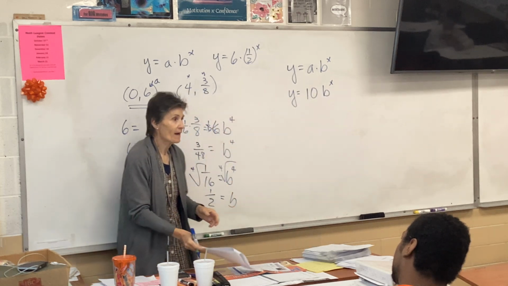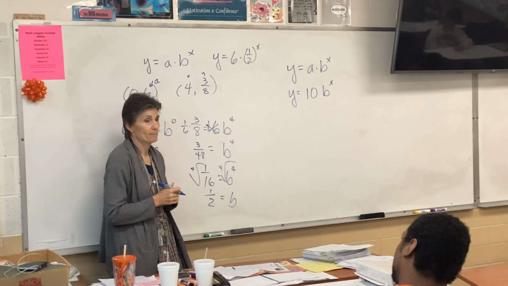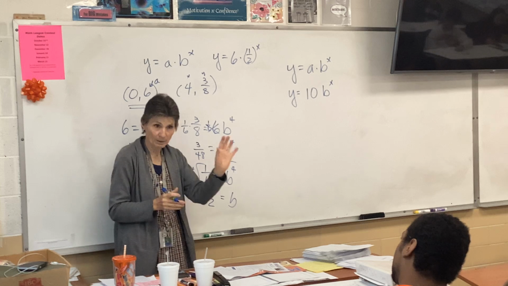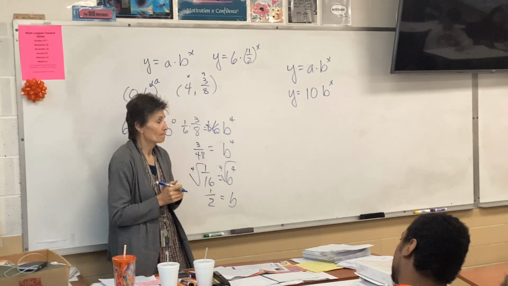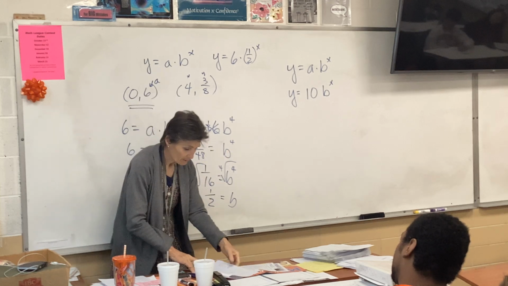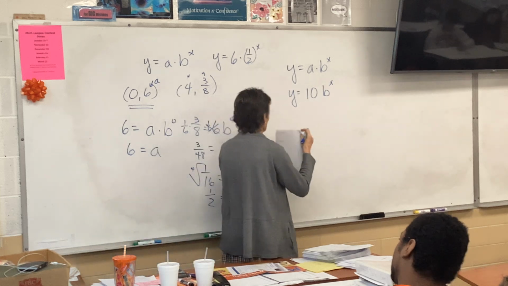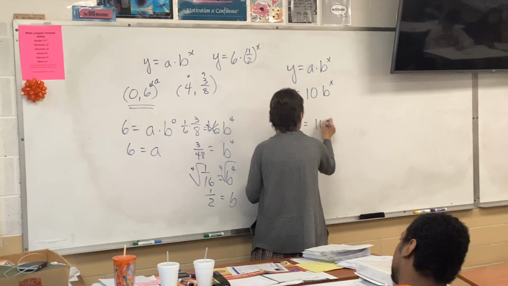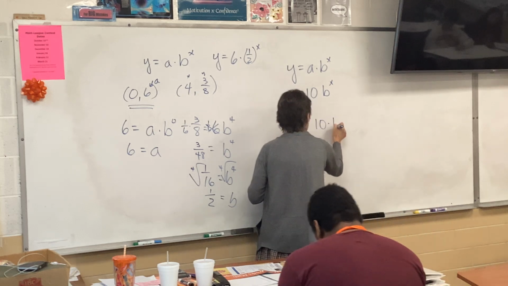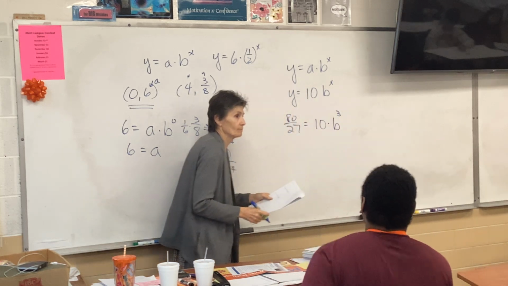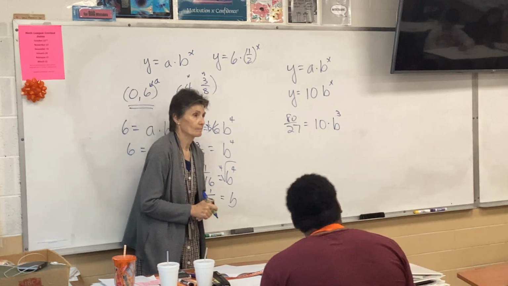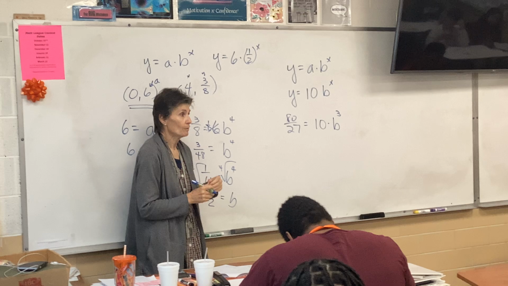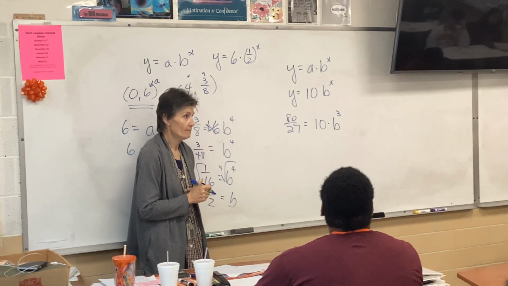The initial value is the y-intercept. And the y-intercept is 0, comma. Remember, plug in 0 for x. Okay, so now I got some really awful arithmetic. 80 over 27 equals 10 times b cubed. Now, would you all agree we got to get that 10 to the other side?